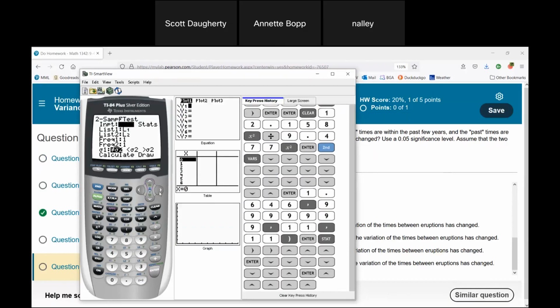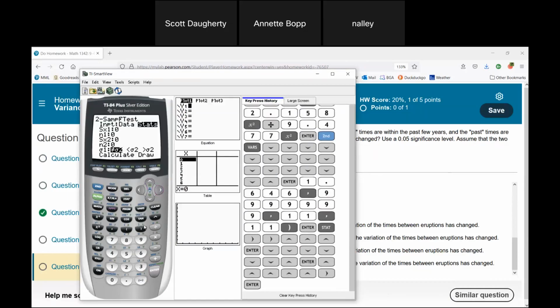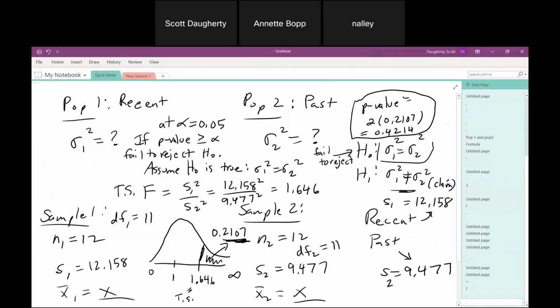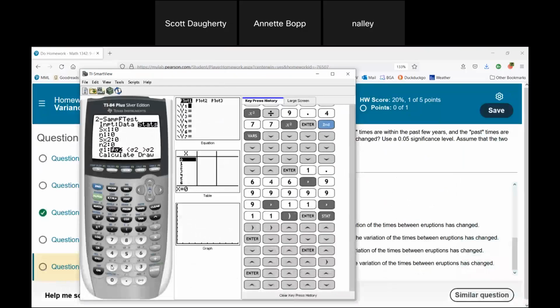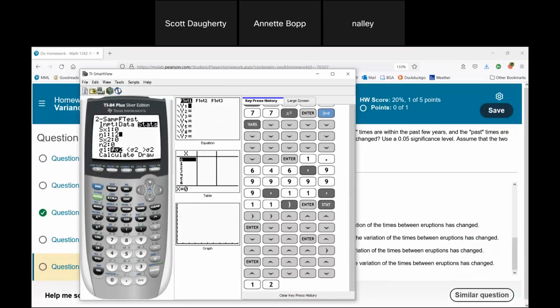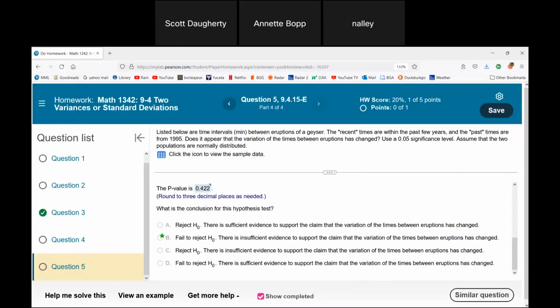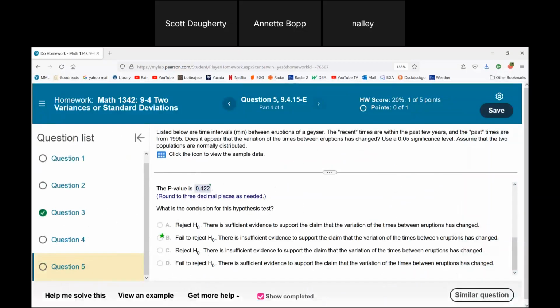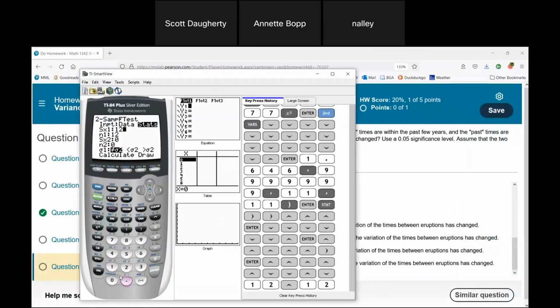So the other option is to put in the summary statistics. So you'd select stats, and then you could just put in sample data. Okay, so I'll just do that real quick and show you that we'll get the same answer. So N1 was 12. S1 was 12.158. Now this is rounded, so that may give us a little bit of an error, but shouldn't be that far apart.